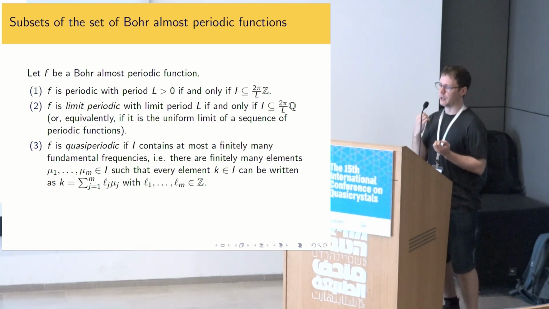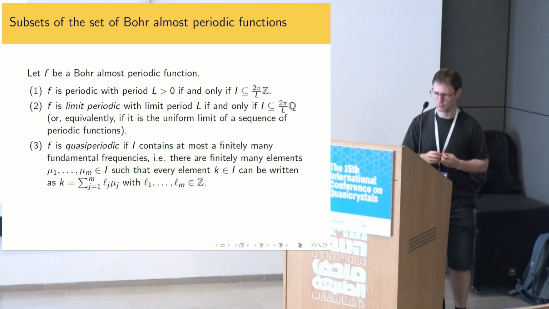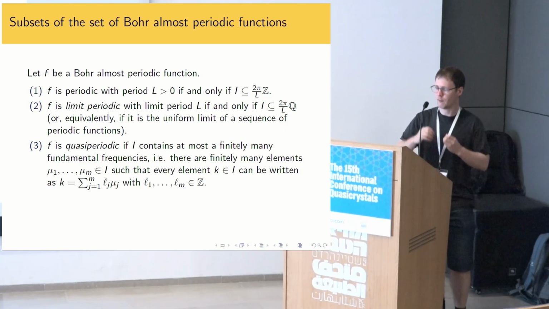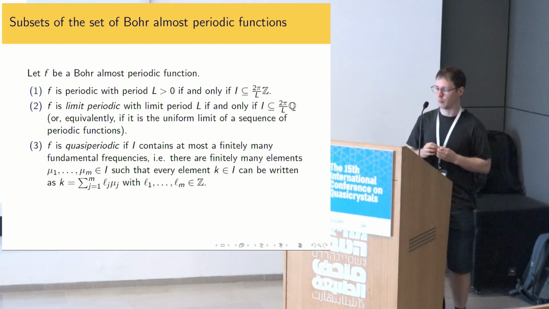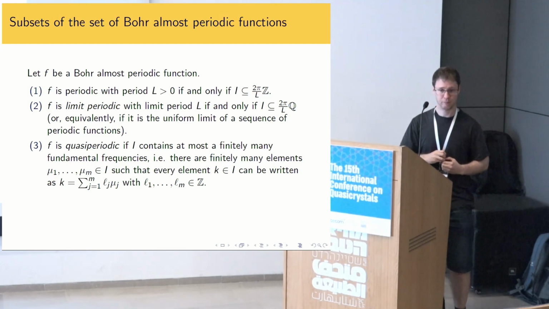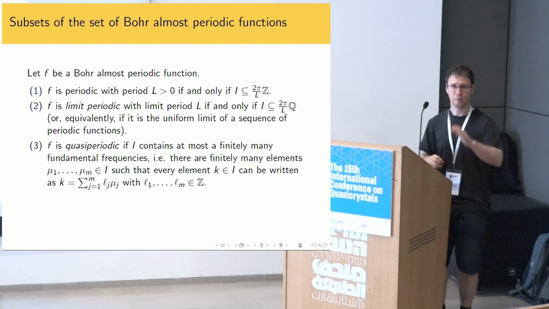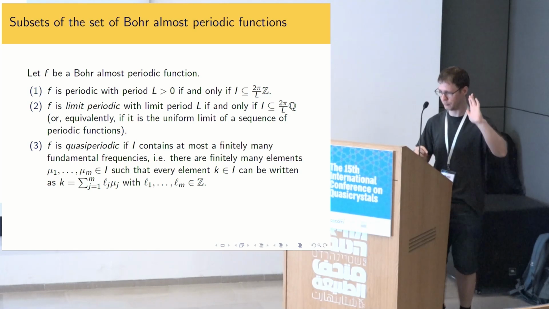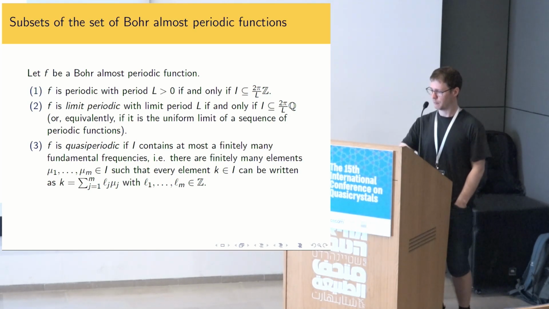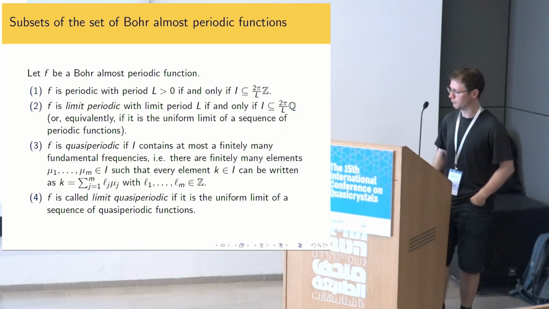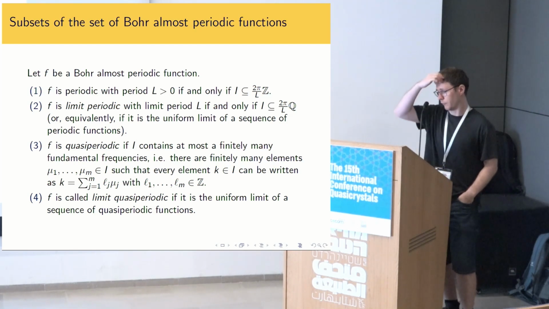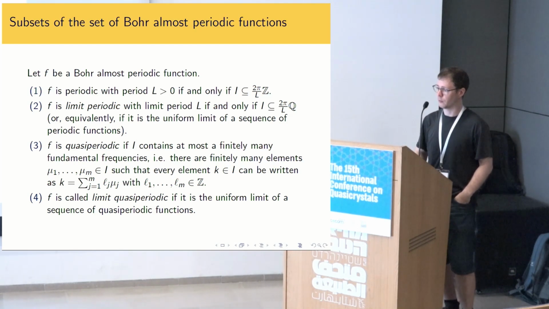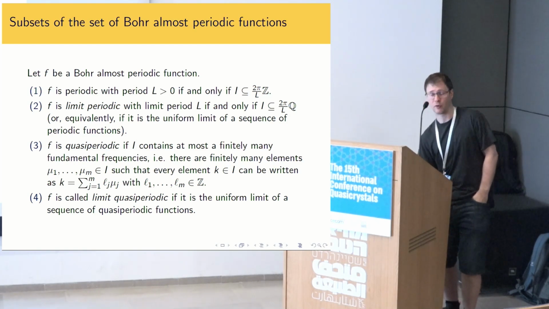There are finitely many elements, let's call them mu_1 to mu_m, such that every other element in I can be written as a linear combination of these mu_j's with integer coefficients. And the last notion for the moment, limit quasi-periodic. That is easy again. A function is called limit quasi-periodic if it is the uniform limit of a sequence of quasi-periodic functions.